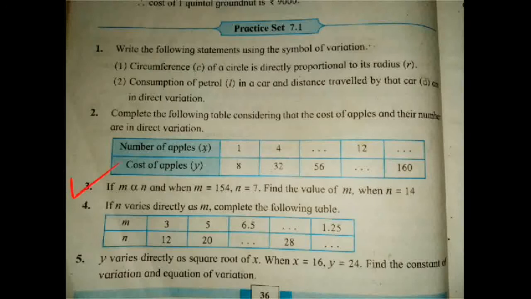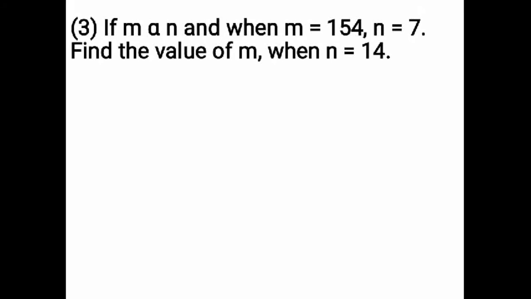Next, if m is directly proportional to n, and when m is equal to 154, n is equal to 7, find the value of m when n is equal to 14. Now you have to write the statement what is given in question. M is directly proportional to n. You have to use the formula of the constant of variation in direct variation.